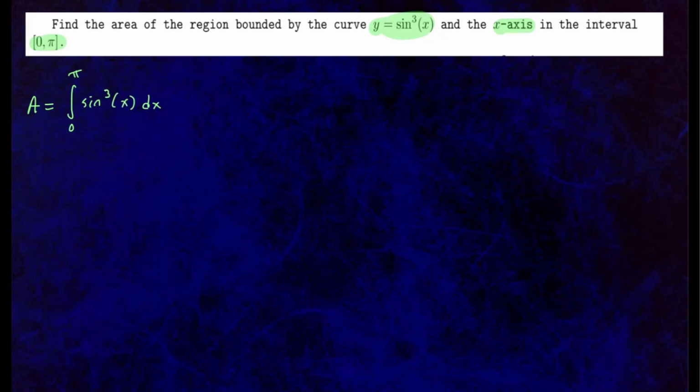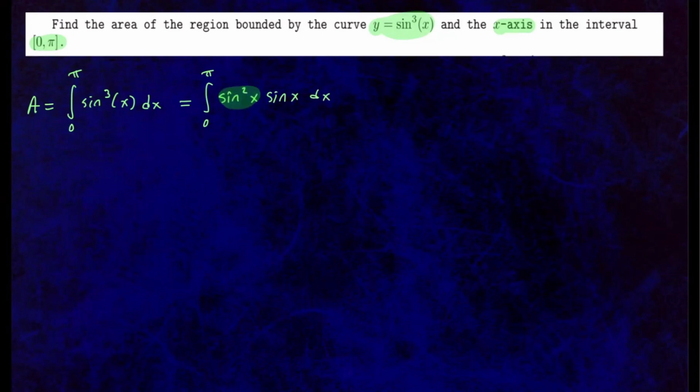Now to continue with the integration, we would have to use a technique that's called trigonometric integrals. Here, since my power of sine is odd, we're going to pull out a factor of sine of x. So this will be the integral from 0 to pi of sine squared of x times sine of x dx. Now I'm going to rewrite this using the identity.